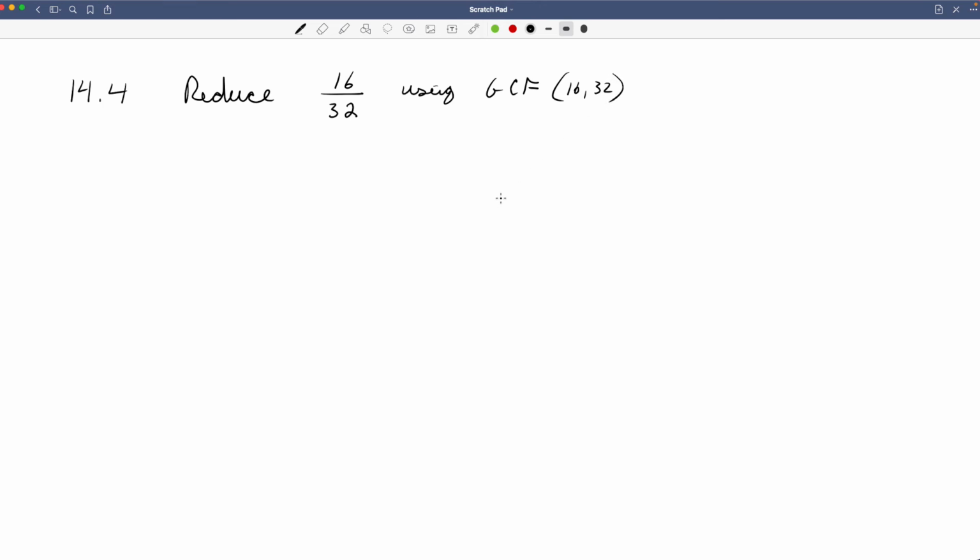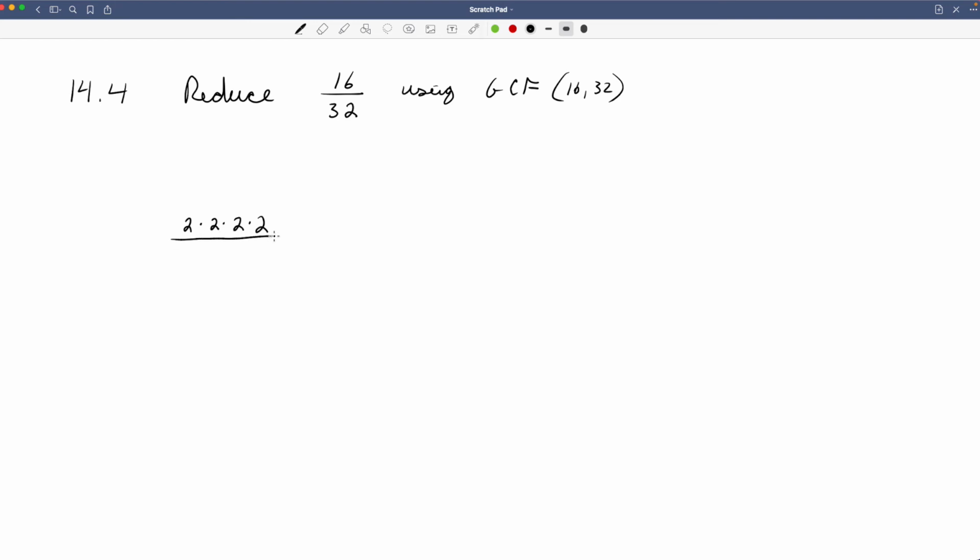So what I did in the previous method was use the GCF of 16 and 32. And the way we find the GCF is to find the factors of each number. So we know 16 is divisible by 2, being 2 times 8. 8 is 2 times 4, and 4 is 2 times 2.